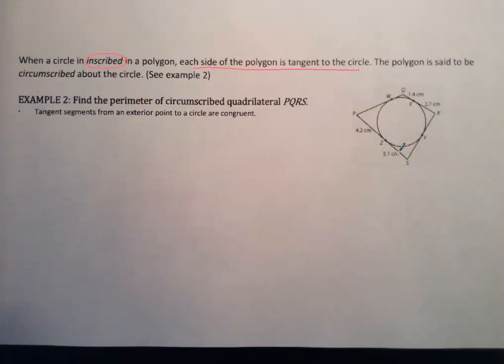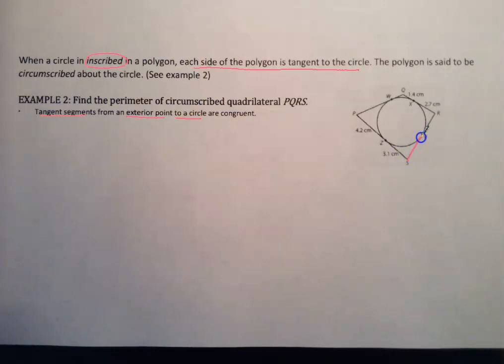Tangent segments from an exterior point to a circle are congruent. So just the tangent segment, from the exterior point to the circle. If we say PS, that goes from the exterior point to the next exterior point, that is not congruent. It's only from the exterior point to the circle.